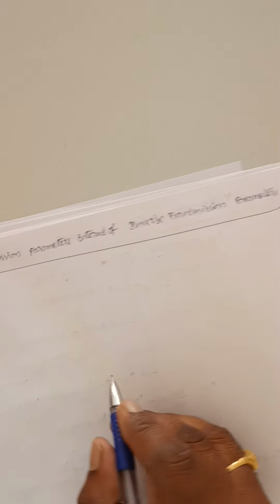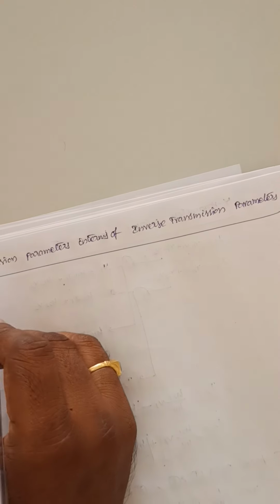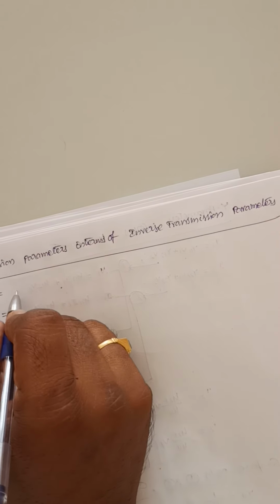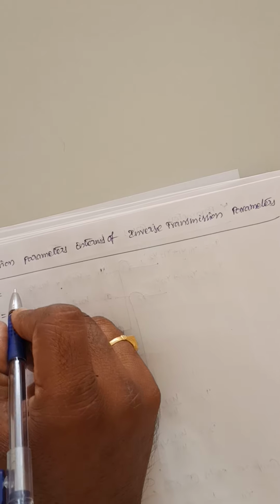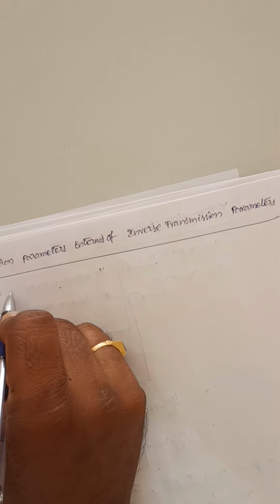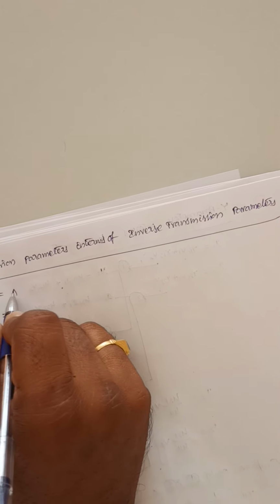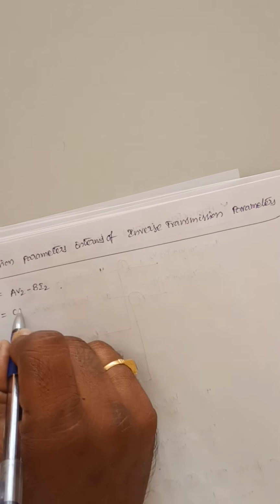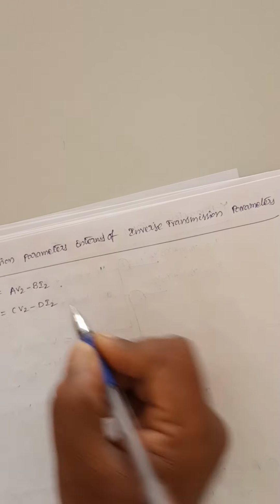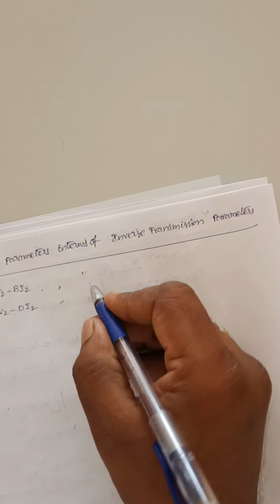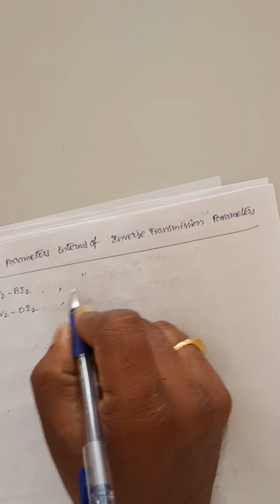Now you see here the transmission parameters. What are the transmission parameters? V1 and I1 are given by: V1 is equal to A V2 minus B I2, and I1 is equal to C V2 minus D I2. What are the equations of inverse transmission parameters?